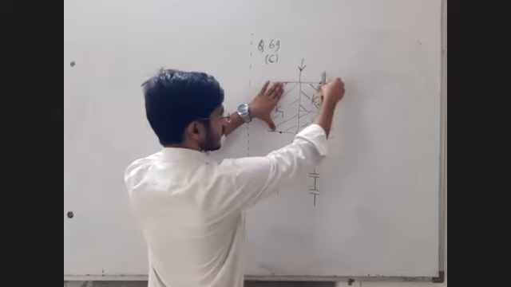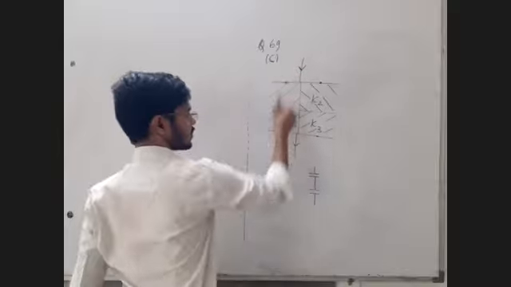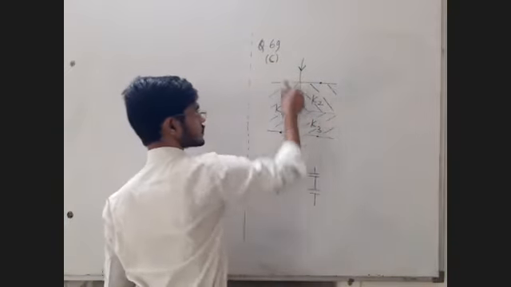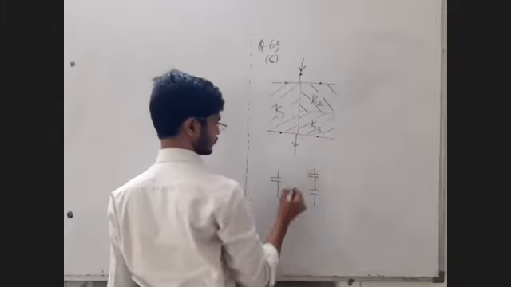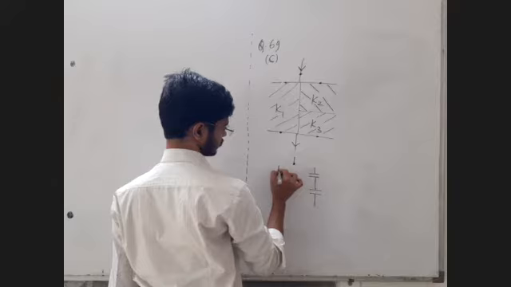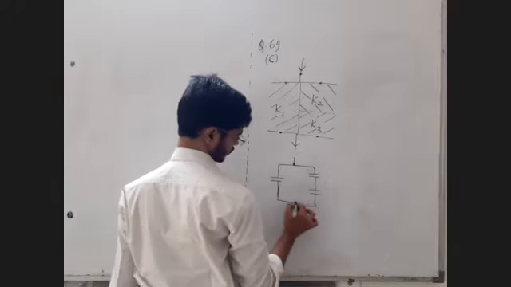This is going to be one branch, this is going to be the other branch, and these 2 branches meet here. So that should be the situation.